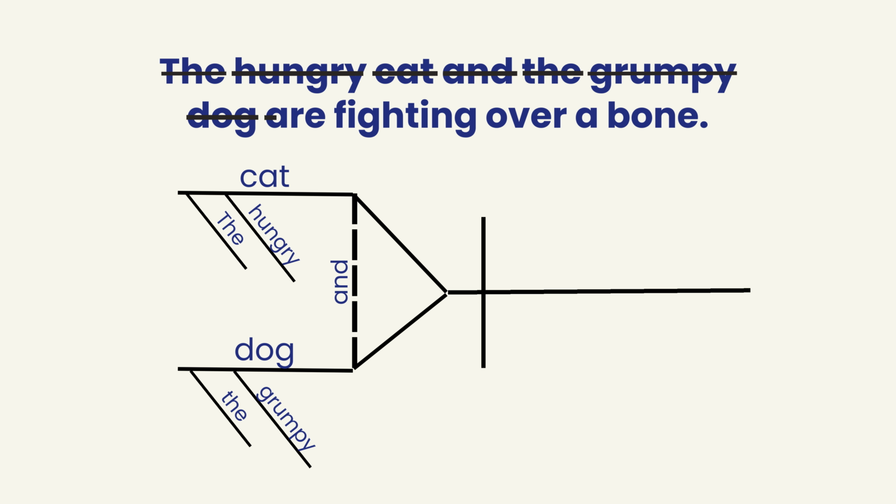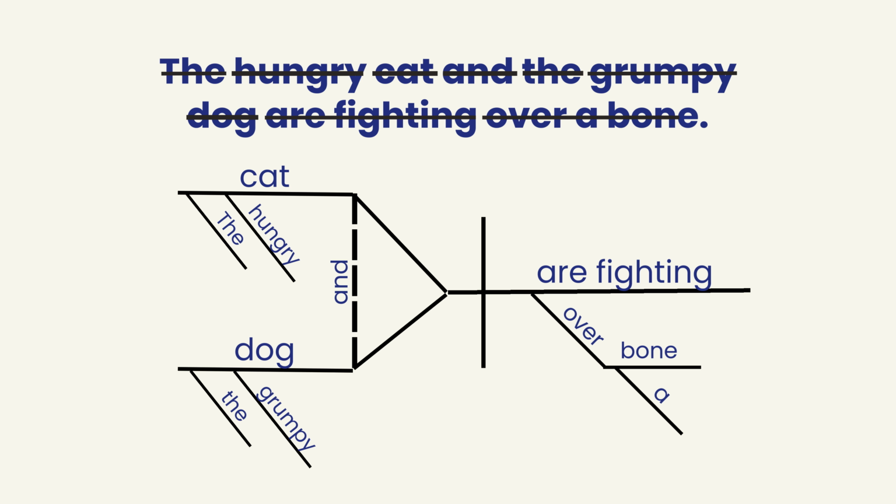Let's place it on the horizontal line on the right side of the vertical line, and then place its modifier below it, that is, the prepositional phrase over a bone. Now let's take a look at our diagrammed sentence. The hungry cat and the grumpy dog are fighting over a bone.